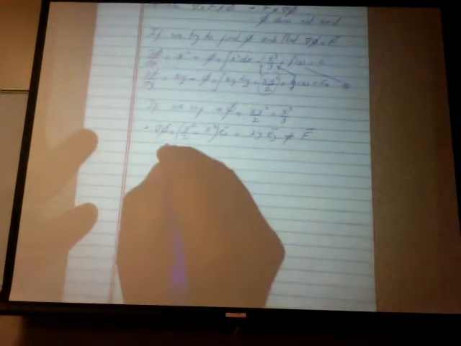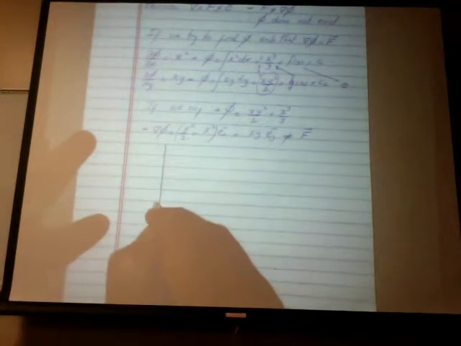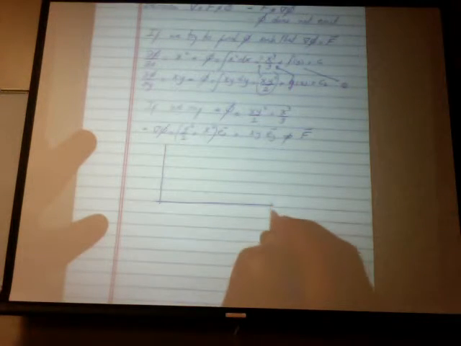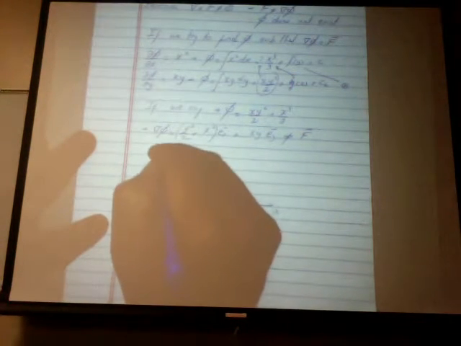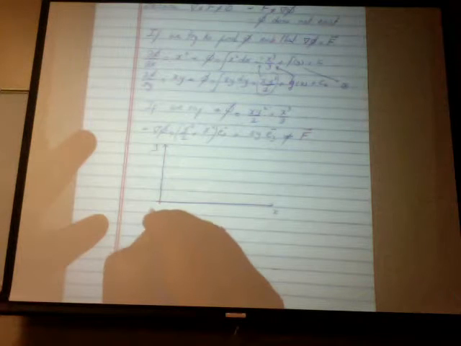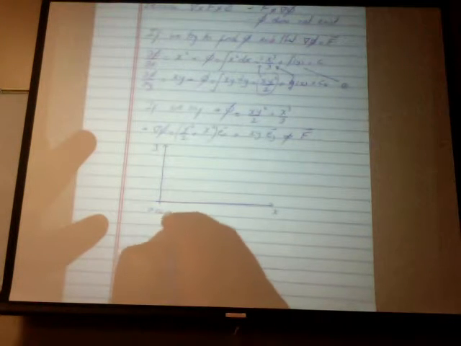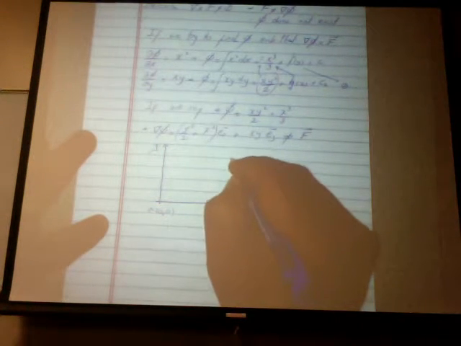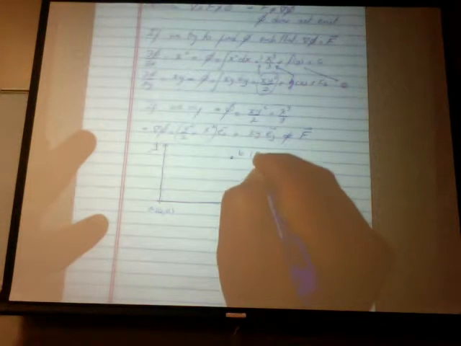Okay. So now let's do an exercise here of determining whether the work is truly path dependent. Let's say that we're on the plane xy, and point A is 0, 0, and let's say point B is 1, 1.